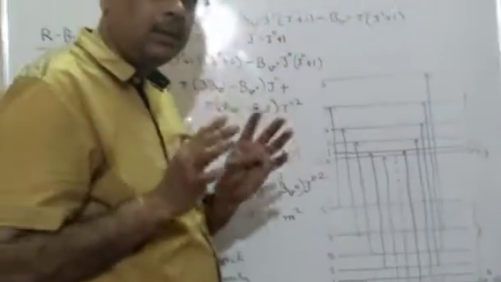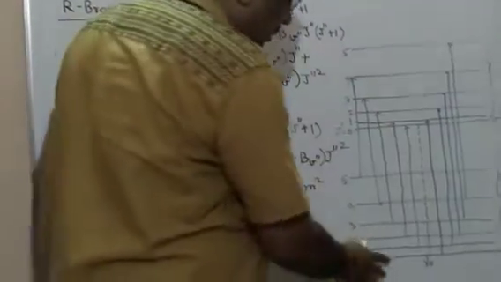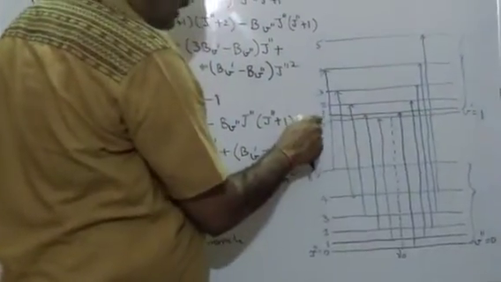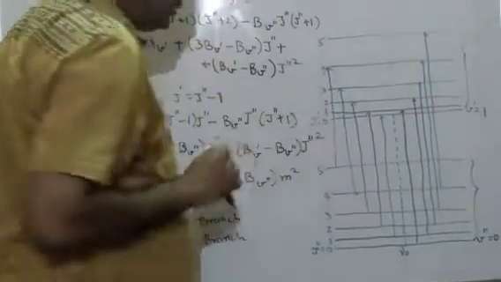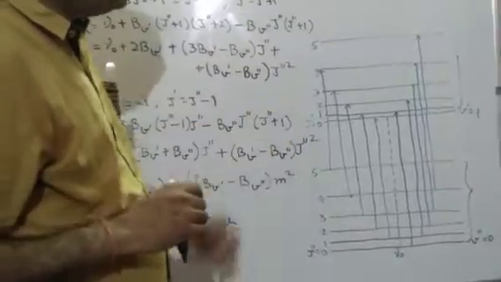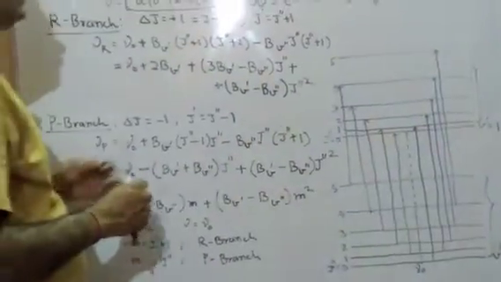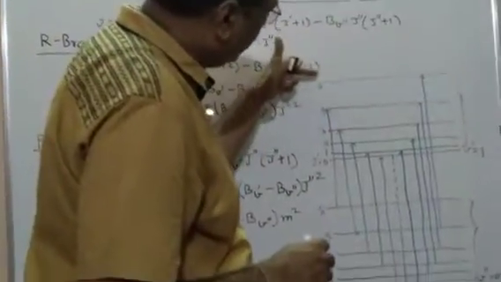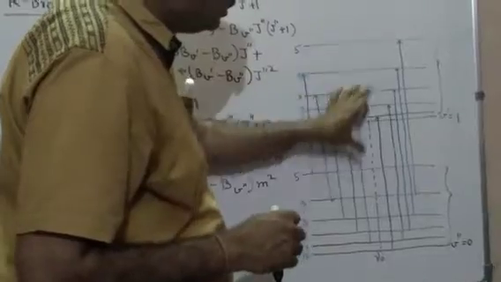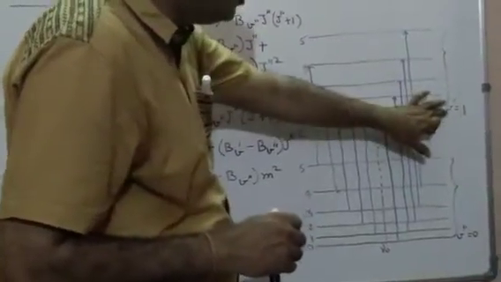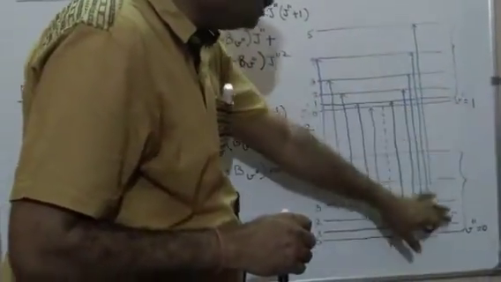For example, I am taking 5 rotational levels. Similarly for the upper, I am taking levels 0 to 5. So I will explain these transitions, with the rotational levels in the vibrational states V prime equal to 1, V double prime equal to 0.